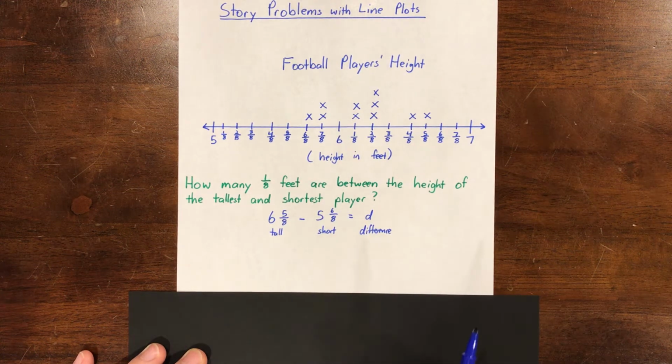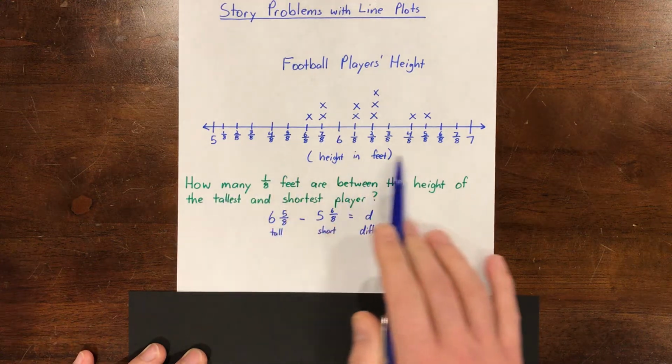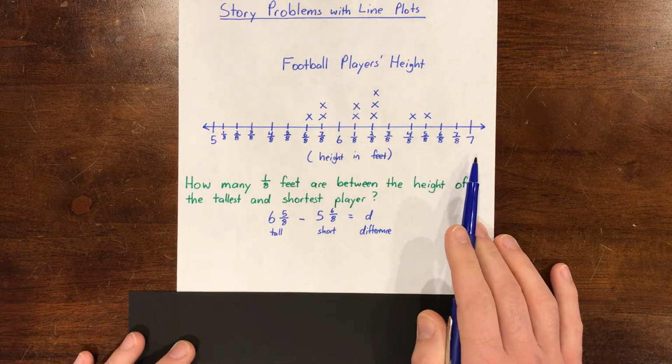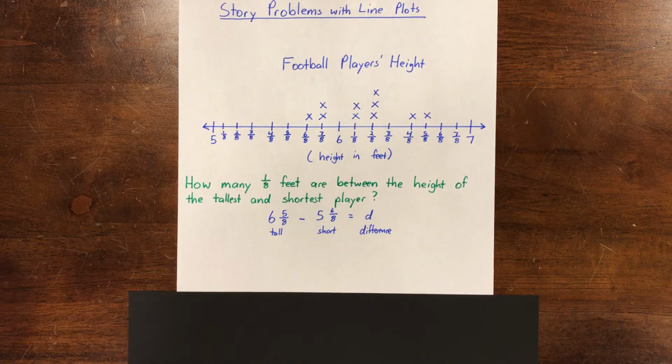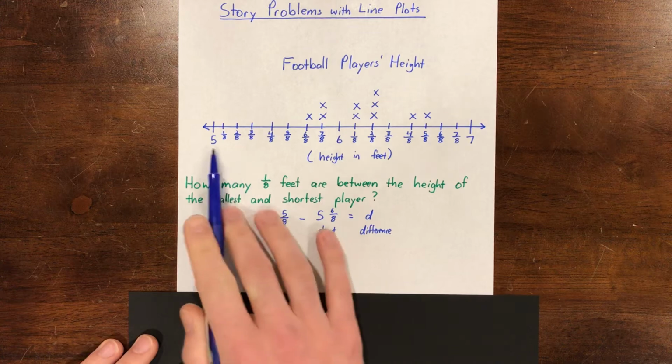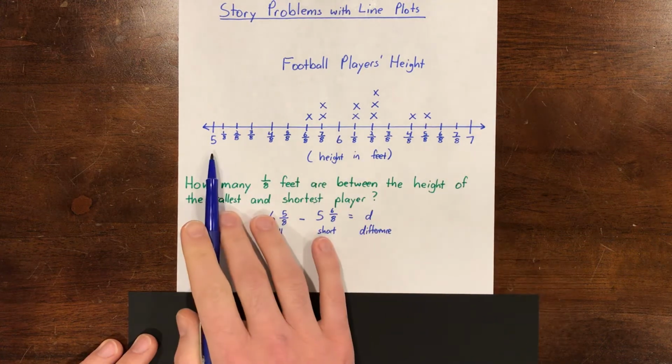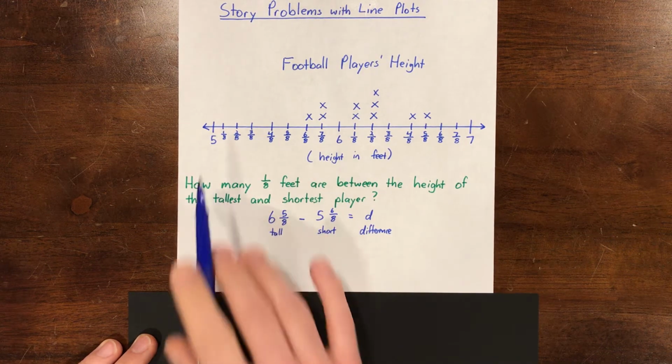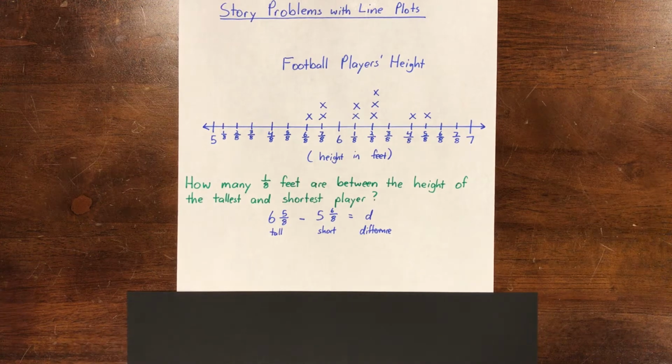So we know that has to be the height of the smallest player. What information is represented by the scale of this line plot? Say it out loud. Yeah, the scale, which is this right here, is telling us all the possible heights of the players.